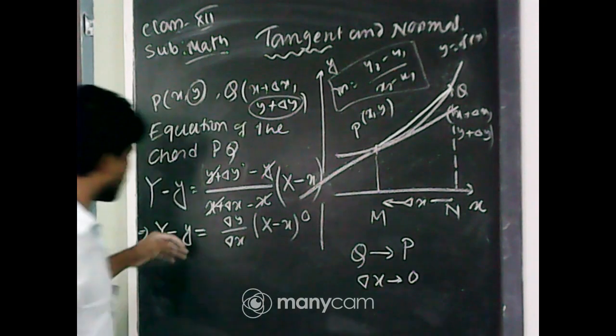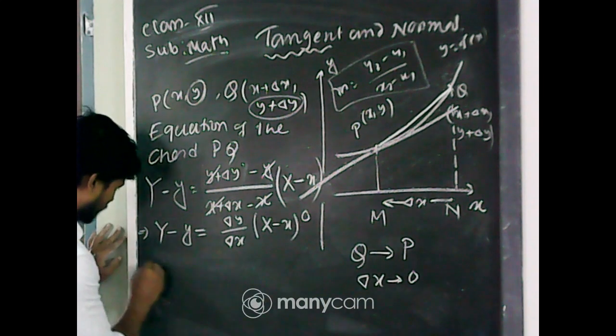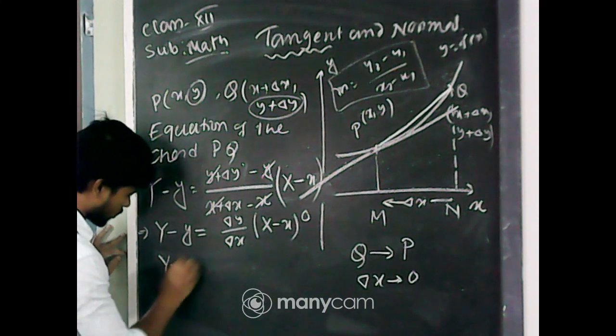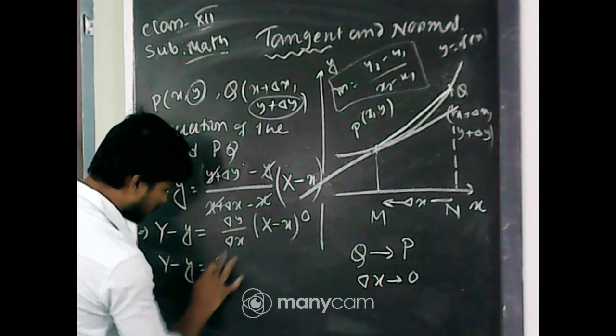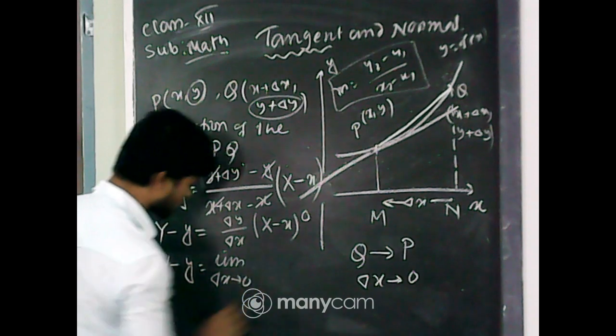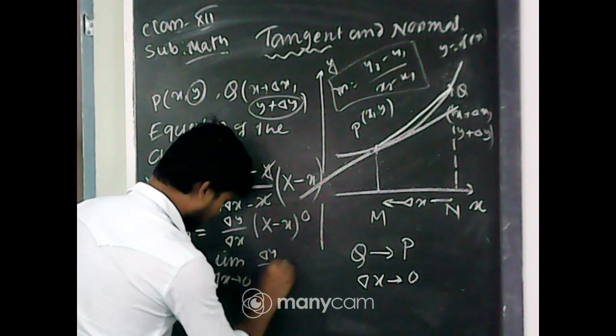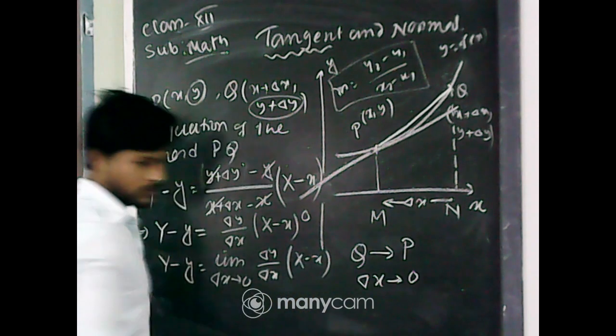So if I now take the limit as delta x tends to 0, the left hand side is a constant, so capital Y minus small y is equal to limit delta x tends to 0 delta y by delta x into capital X minus small x.